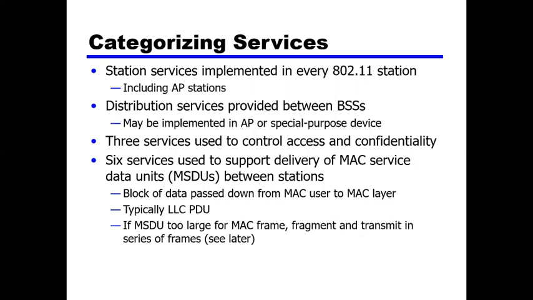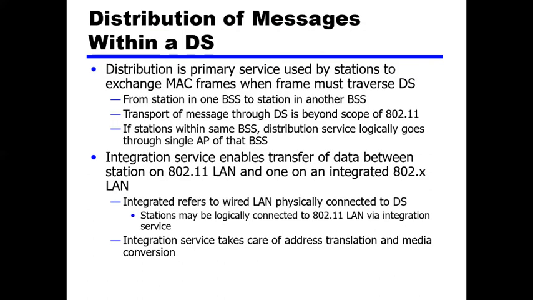Three services are used to control access and confidentiality. Six services are used to support delivery of the MAC service data unit between the stations. MSDU is a block of data passed from one MAC user to another MAC address. Typically, an LLC PDU is given as MSDU, too large for a MAC fragment, and transmitted.